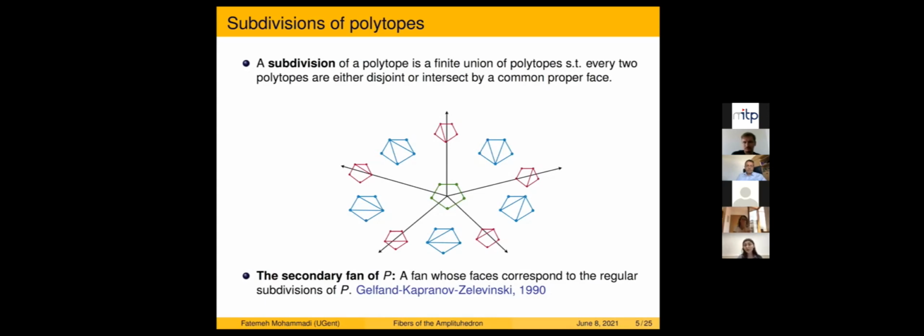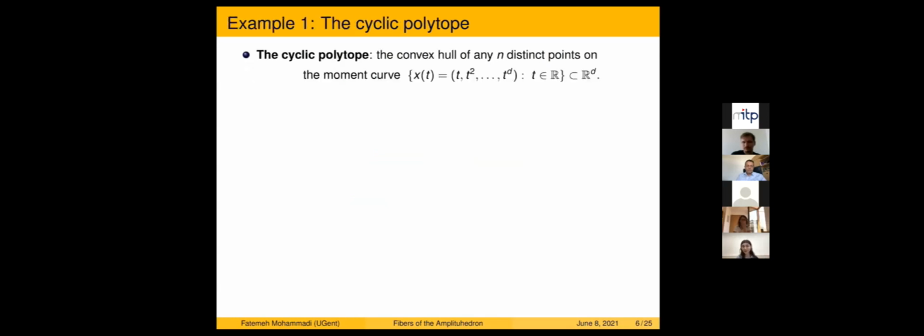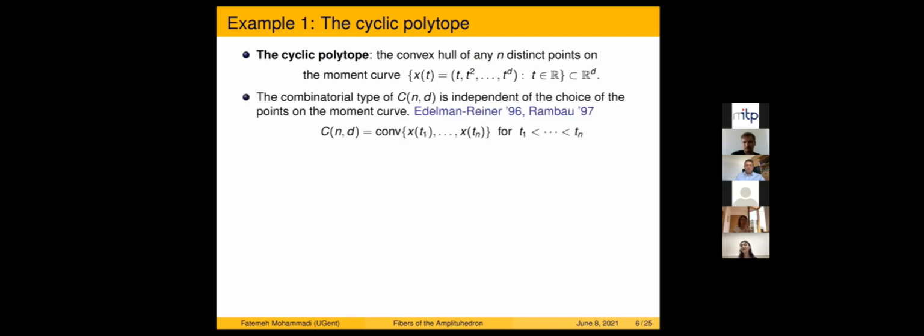Okay, good. So what are the examples of polytopes that show up as amplituhedra? They are cyclic polytopes. They are even nicer. These are specific families of polytopes that you can construct as the convex hull of any n distinct points on the moment curve. You take any moment curve in R^d, evaluate it at n different points, take the convex hull, and then you have a cyclic polytope.